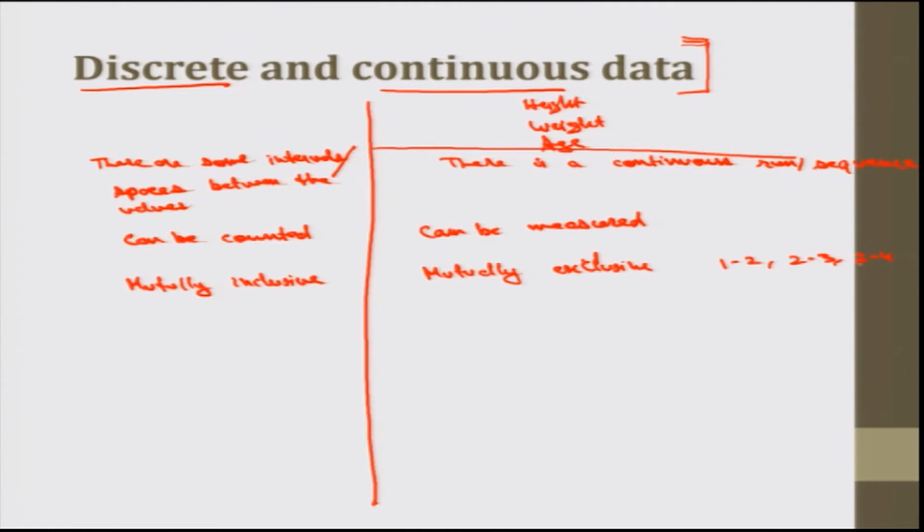Like the classification in discrete data could be, because we cannot overlap them, I will put the numbers like 1 to 1.9, then 2.0 to 2.9, then 3.0 to 3.9. So, these are mutually inclusive for discrete data, and the continuous data is mutually exclusive.